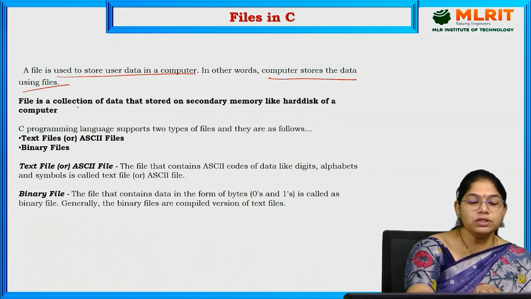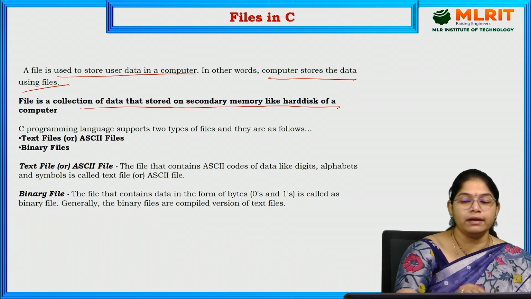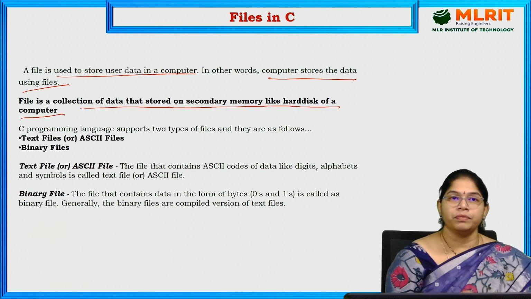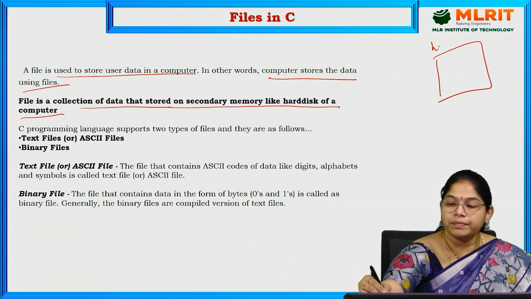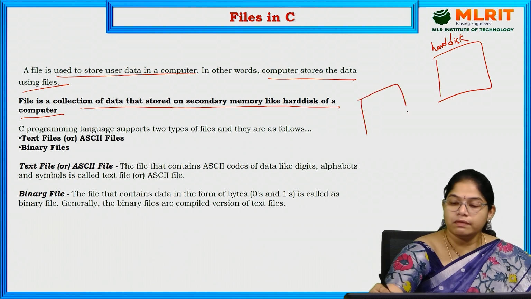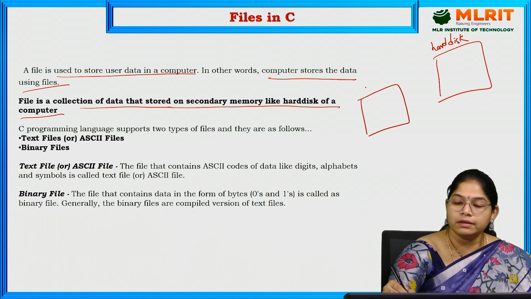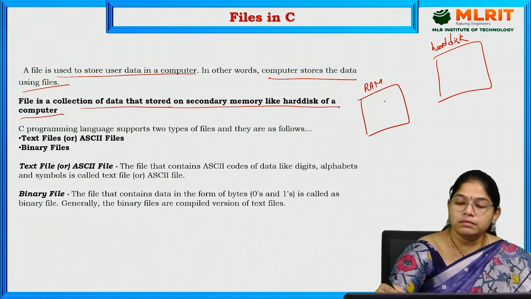A file is a collection of data that's stored on a secondary memory like the hard disk of a computer. Let us suppose this is the hard disk. Now I am working on some Word document or a text document. Now this is the RAM memory. So here I have executed a C program, let us suppose, a .c file.